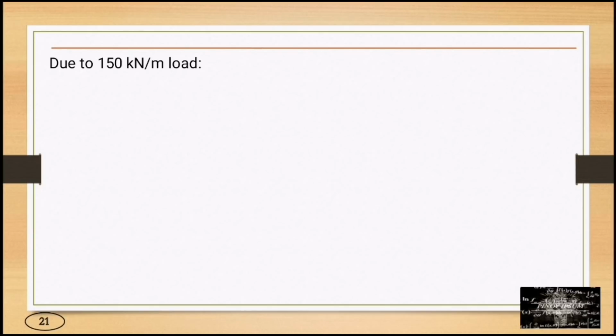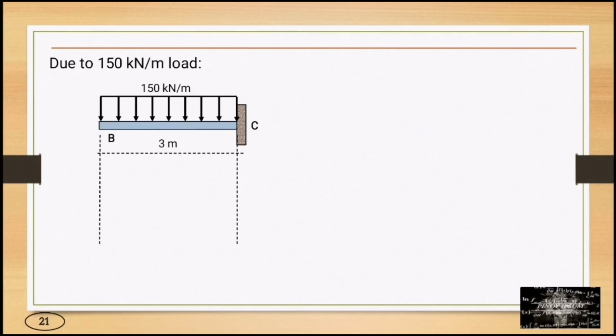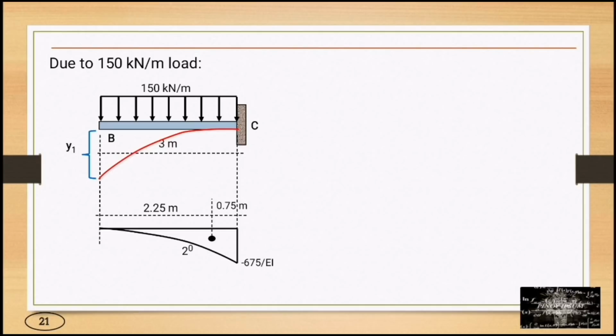Due to 150 kilonewtons per meter load, so we have y1, so this is degree 2, or yung n is equal to 2. Then we have moment, resultant moment, so negative 675 over EI.